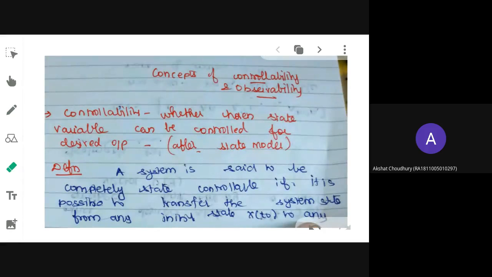So once you obtain the state model, the state variables that you have chosen, if you are able to control it for getting the desired output, then it will be called a system that is controllable.